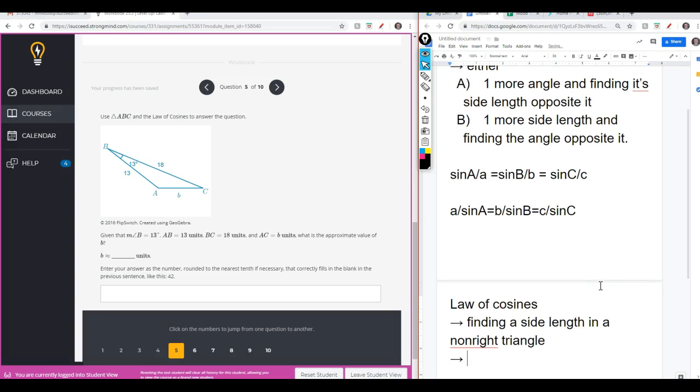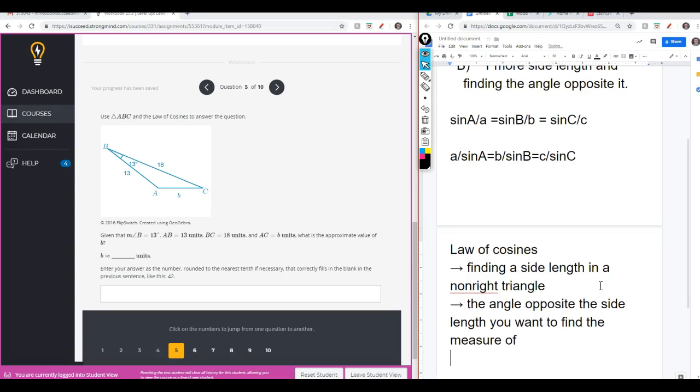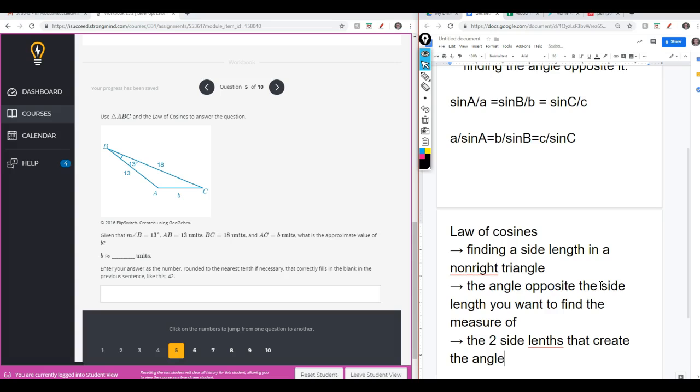You are required to have the angle opposite the side length you want to find the measure of, and then you have to have the two side lengths that create the angle.